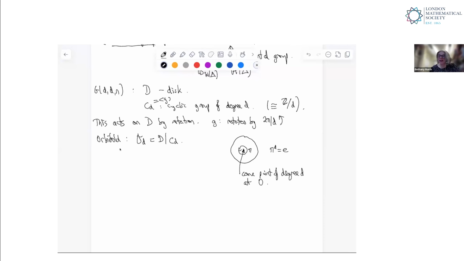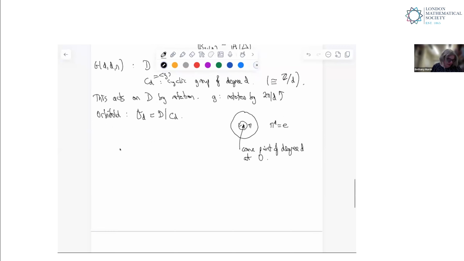So we can consider the braid group of such an orbifold in the same way as we considered the braid group for a disk or just the complex plane in Francesca's talk. There's not really much difference there. So if we take Z_n of O_D, it's the corresponding braid group on n strands.